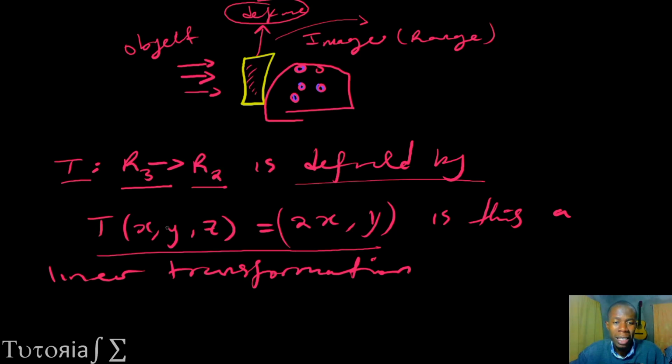When you get 3 variables x, y, and z, it becomes 2x comma y. Is this a linear transformation?